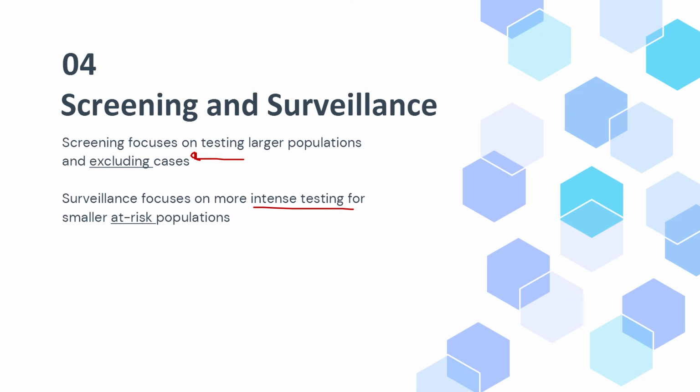So, basically, your screening tries to exclude cases while your surveillance is focused on at-risk populations. So, when we say screening, you're typically testing using a screening test, a rapid test, whereas in surveillance you use a more robust diagnostic test to make sure that the at-risk populations are not developing the disease.